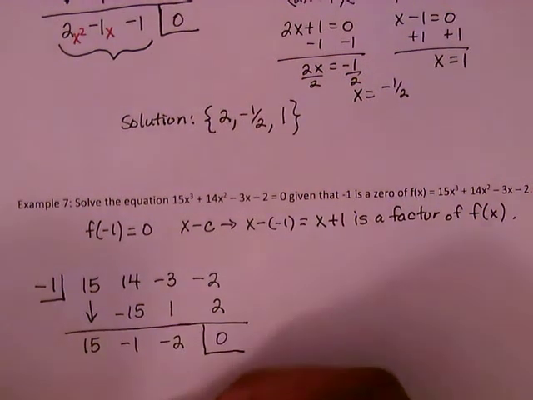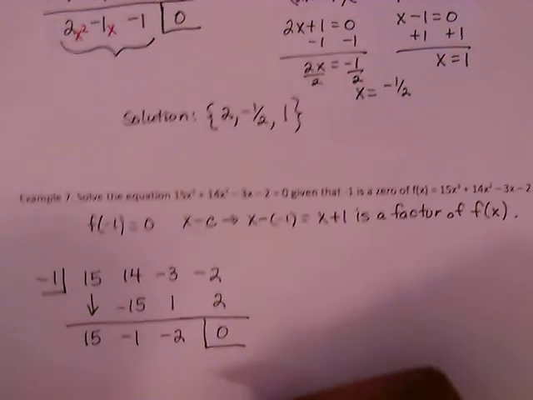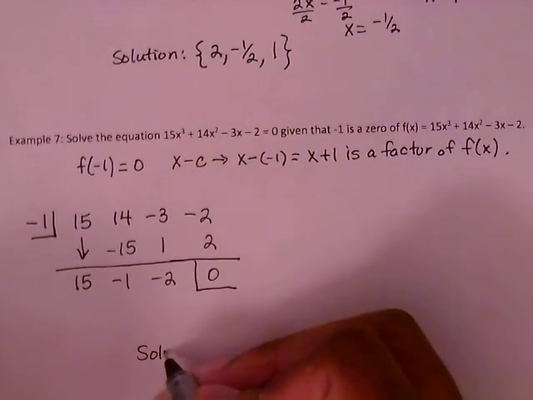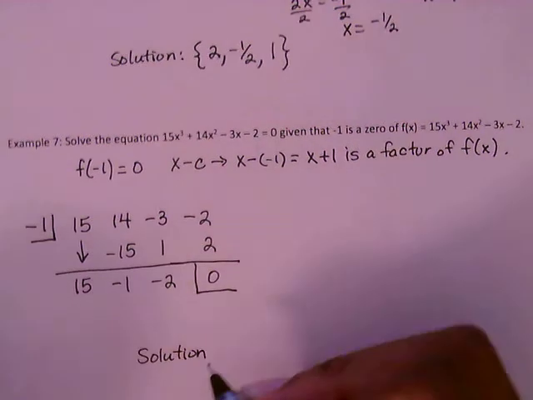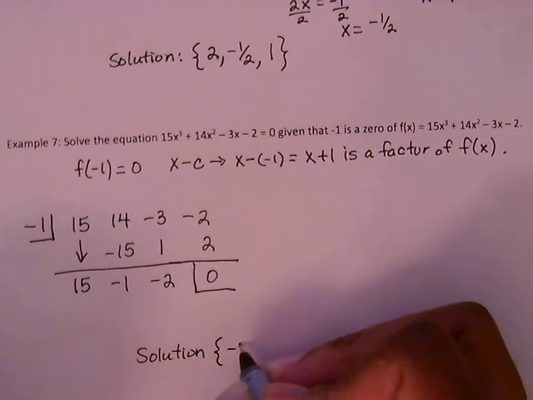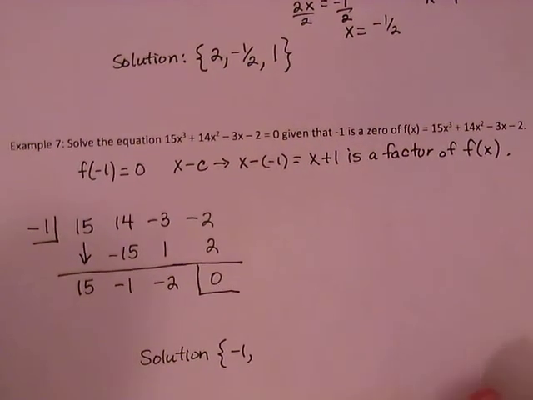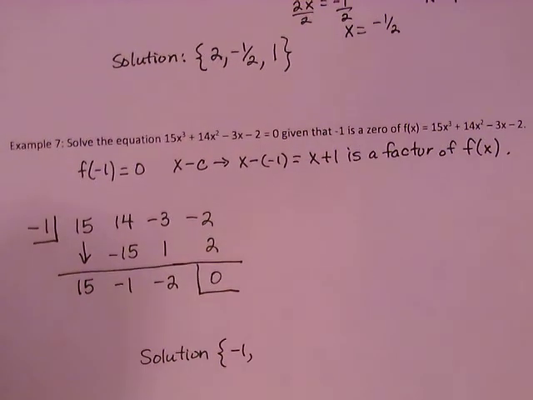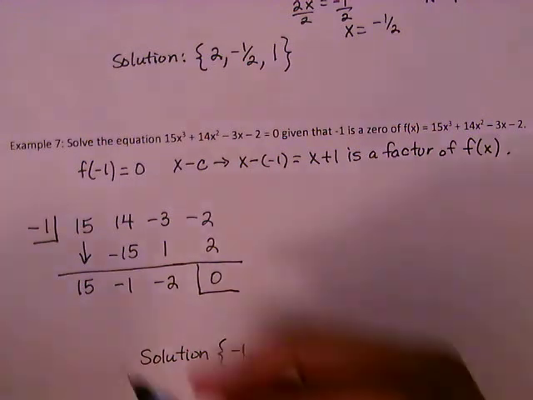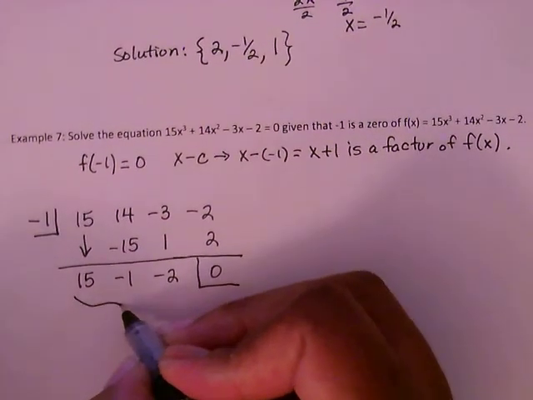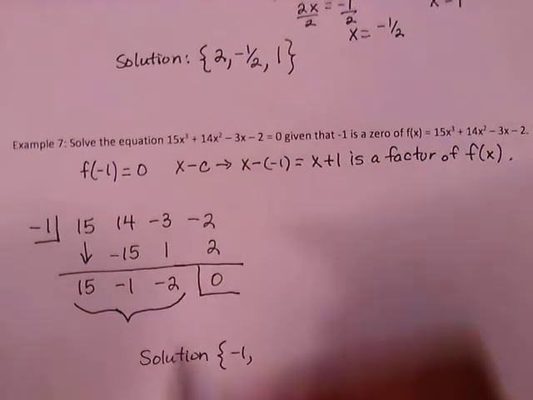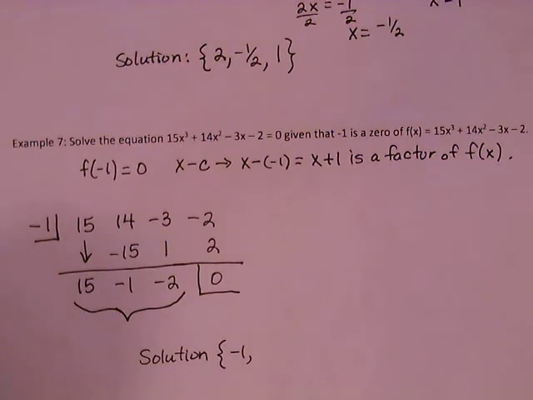And I also know this as one of my solutions. It would be -1 because I'm given -1 is a 0 of that function. So that 15, -1 and -2 represents the quotient.